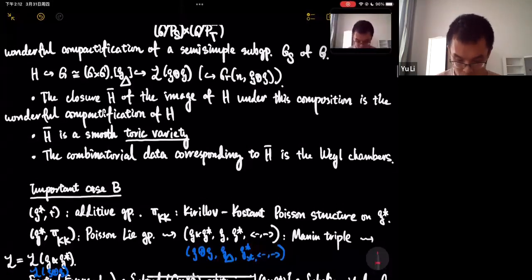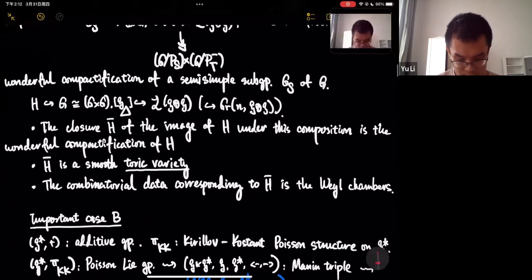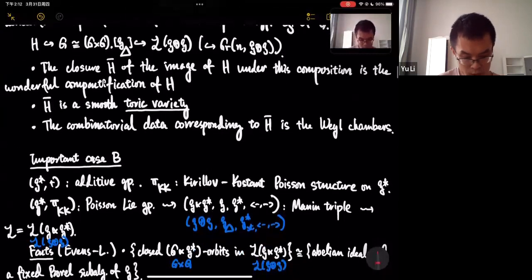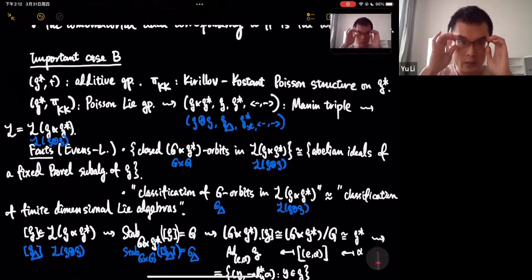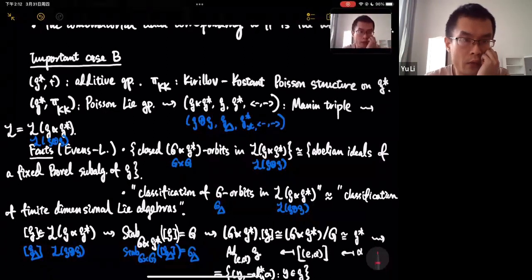Okay, this is important case A, and then there's also important case B, which is supposed to be parallel to important case A. What this is: I take G star and I equip it with addition, so the group multiplication here is addition. Now on this algebraic group, I can equip it with the Kirillov-Kostant-Souriau Poisson structure.